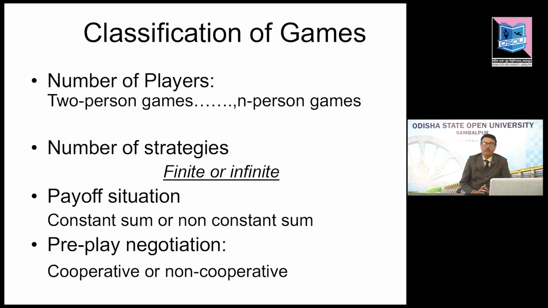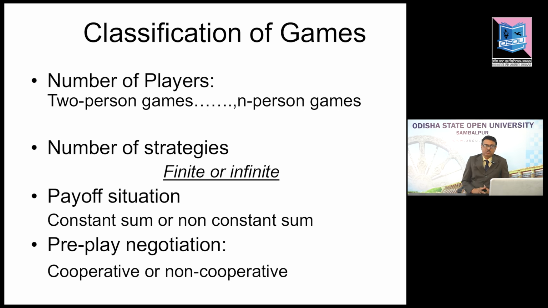If we classify games, it is possible to classify them in terms of the number of players, that is a 2-person game, 3-person game or n-person game. It is also possible to classify games in terms of strategy, that is finite strategy or infinite strategy.